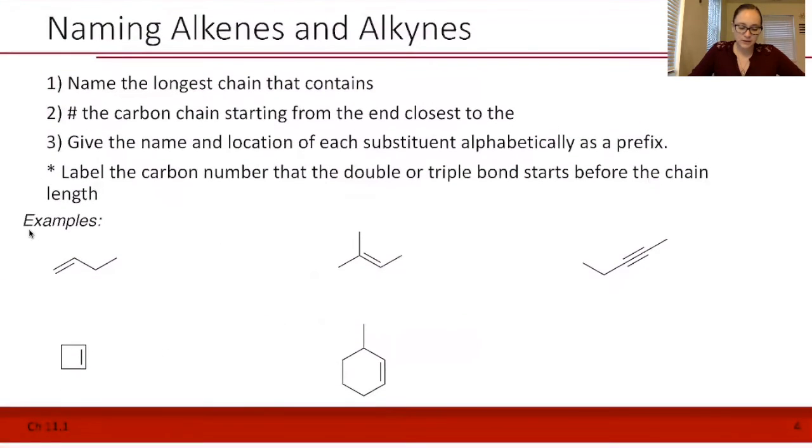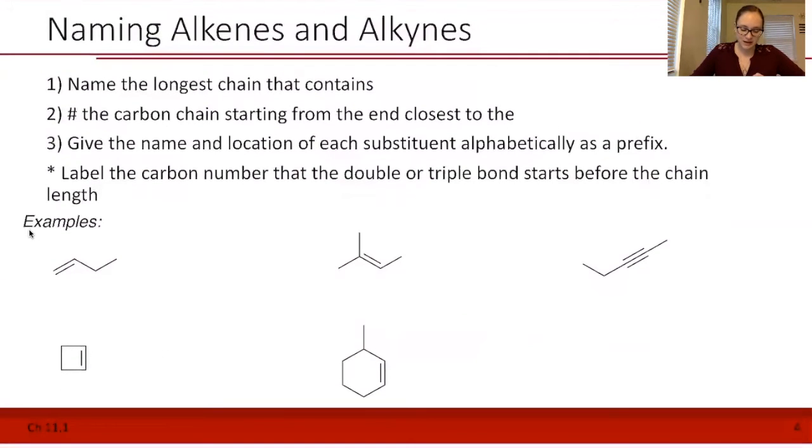So let's do a little bit more complex naming. In order to name our alkenes and alkynes, the first thing that we do is start with the name of the longest chain that contains the double bond or triple bond. So the longest chain in the molecule, but it has to include that alkene or alkyne.